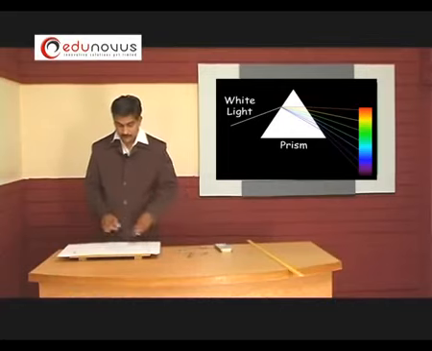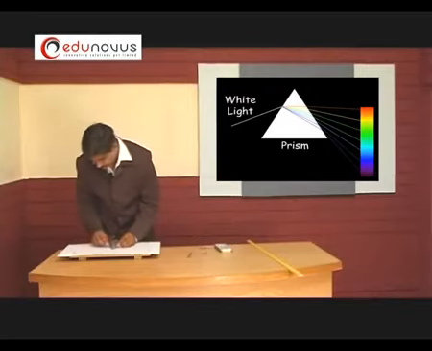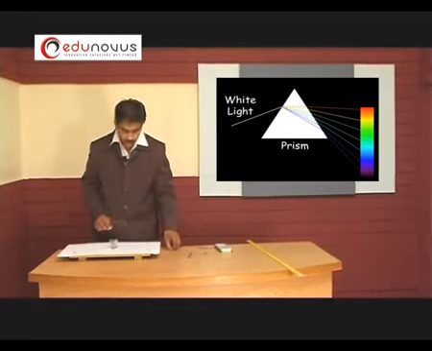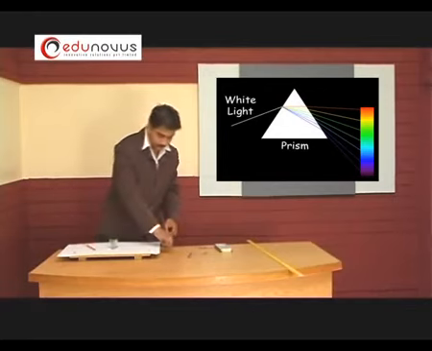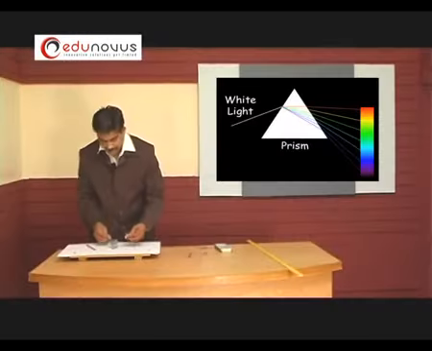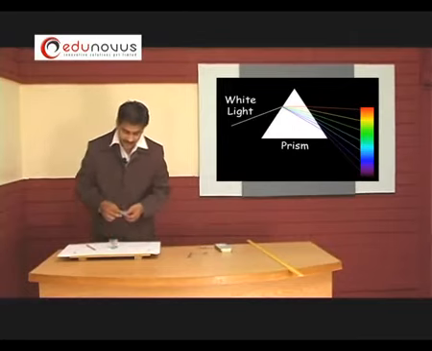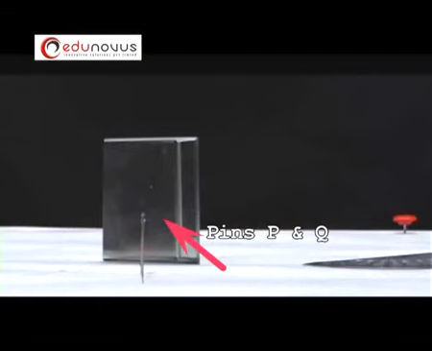Now place the prism and consider two ball pins. Fix them at points P and Q so that the two pins are on the same straight line.